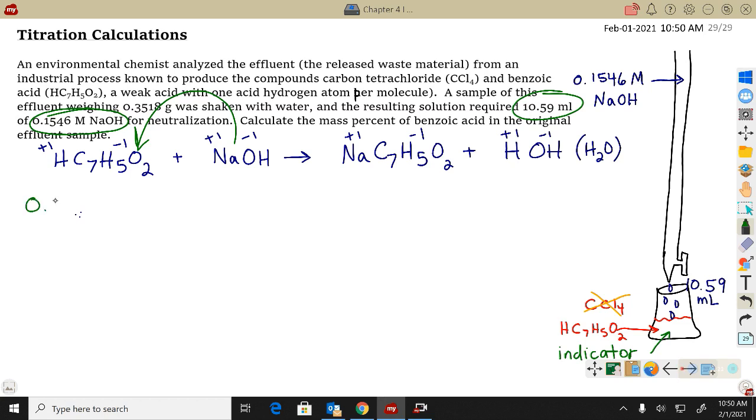So we take the 0.1546 molar sodium hydroxide. Molarity equals moles per liter, so I do have to change that volume into liters. I can do that. 0.01059 liters. Awesome.